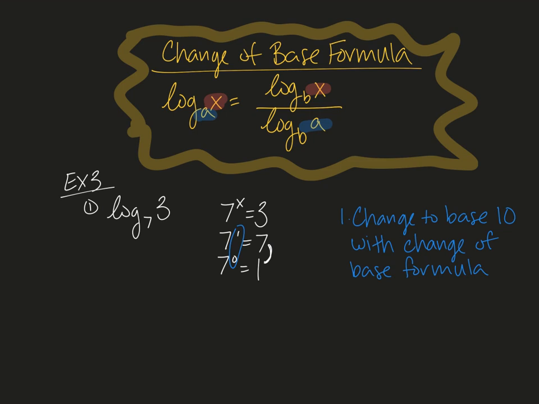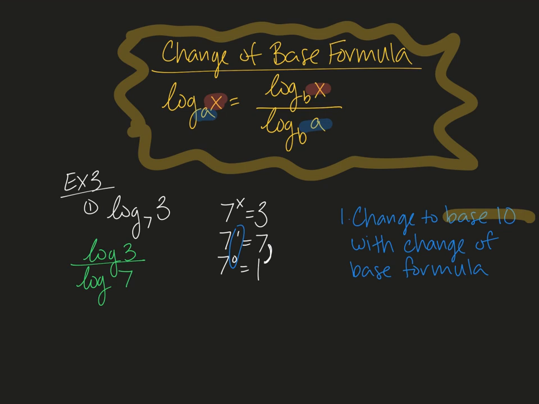If you remember, if we are doing a base of 10, that means I can just write regular log, right? So I am going to turn this into log of 3 over log of 7.